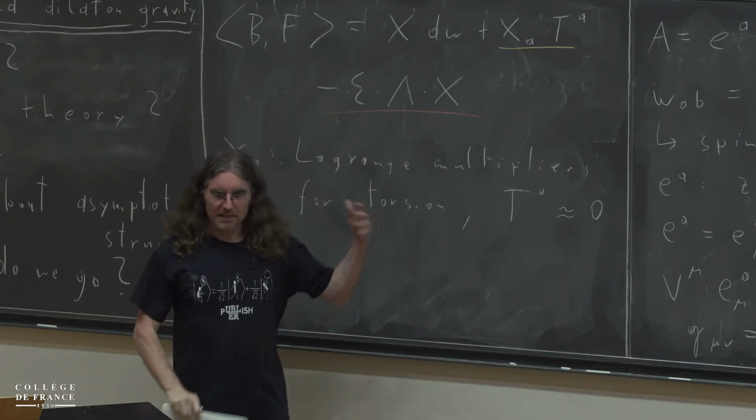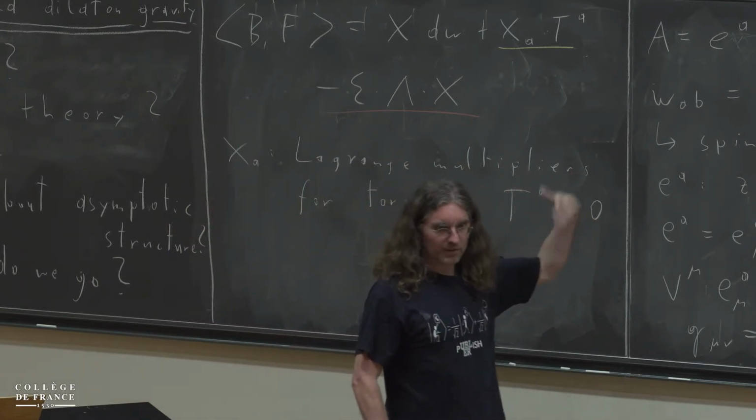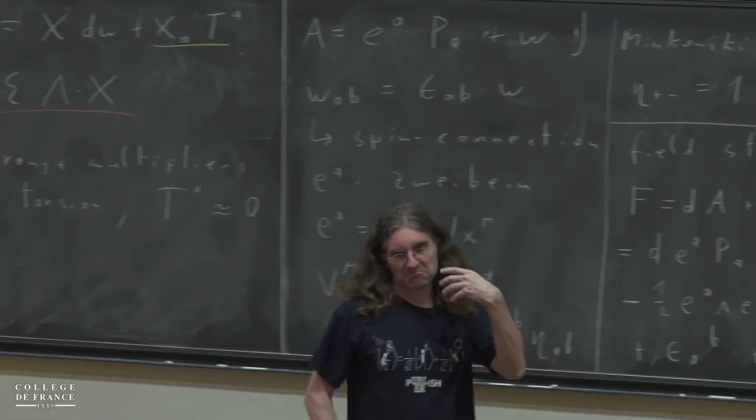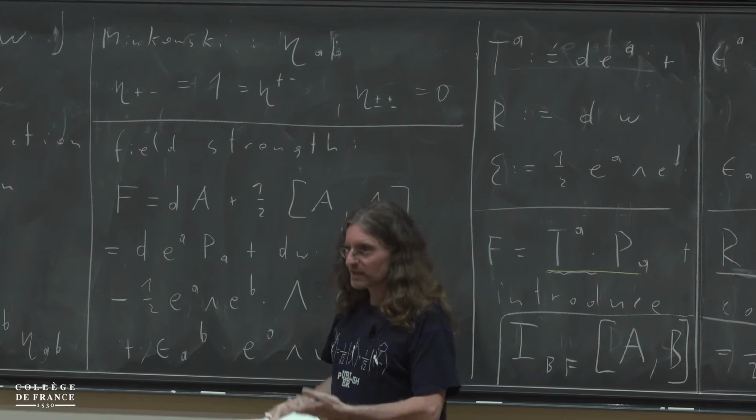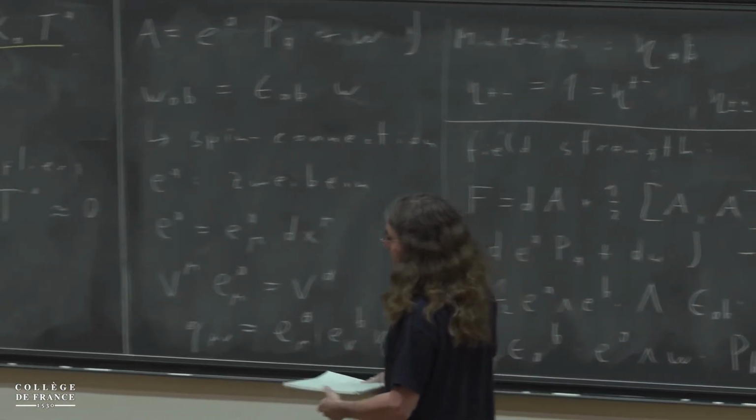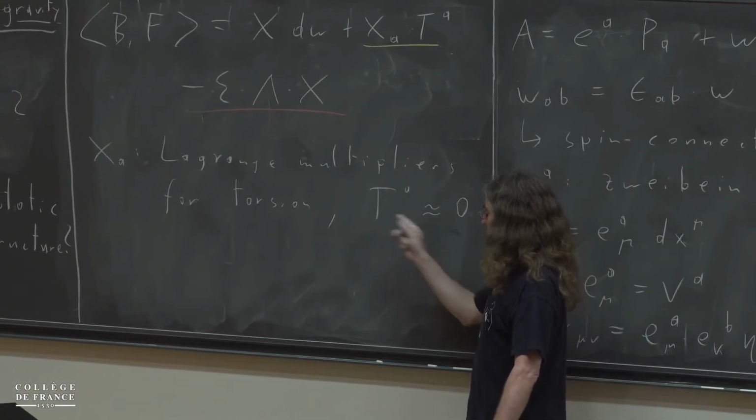So in some sense, this is a bit like the Palatini formulation of Einstein gravity in 4 dimensions, where spin connection and Vielbein are independent variables. But when you vary the action with respect to the variables, you get field equations, some of which tell you that torsion has to vanish.